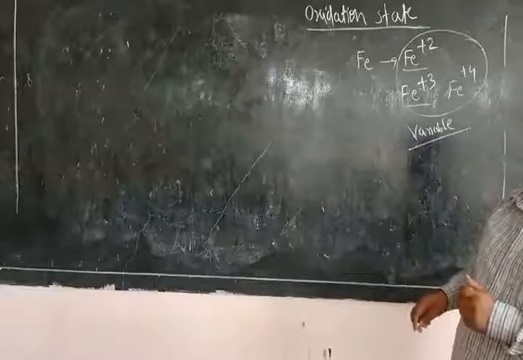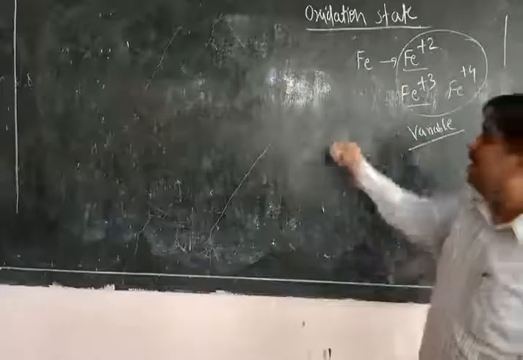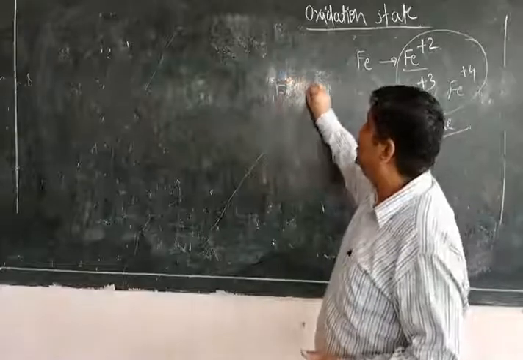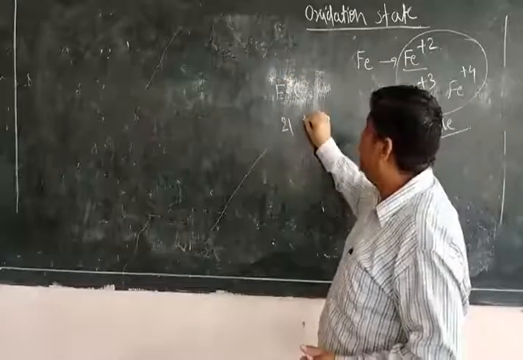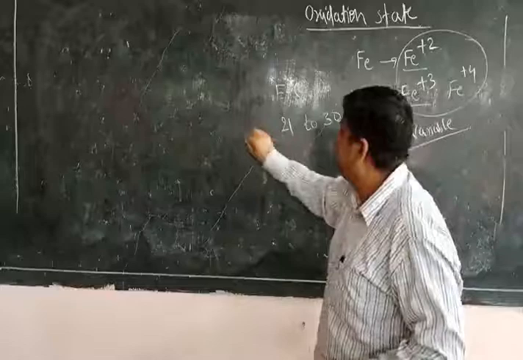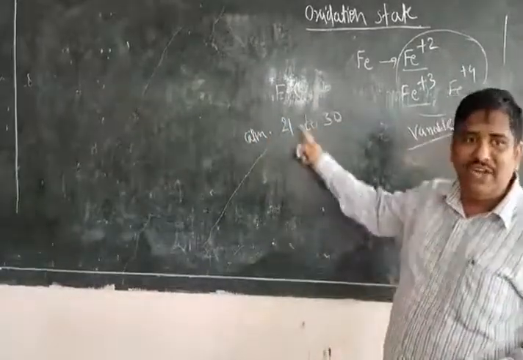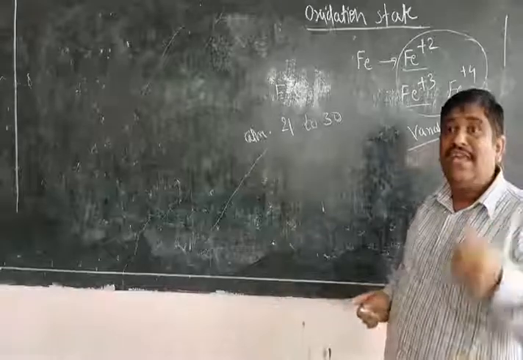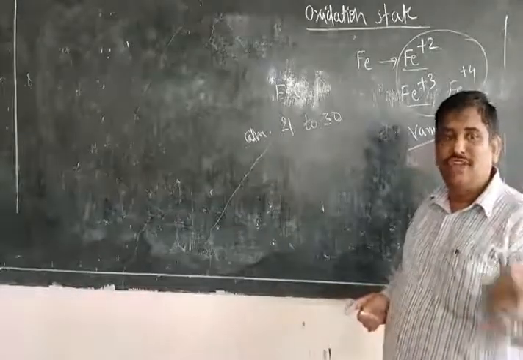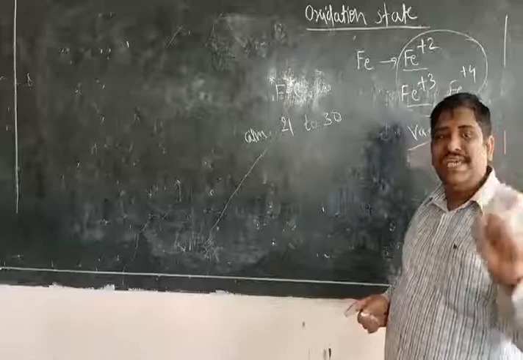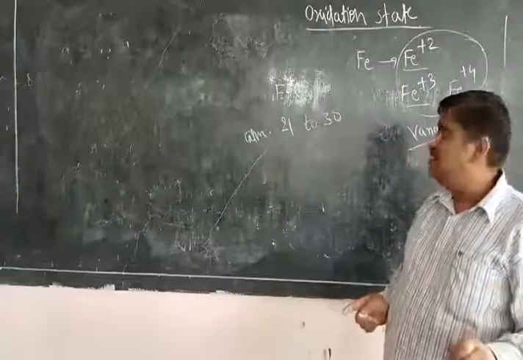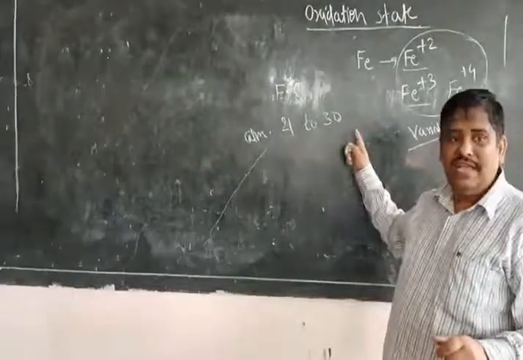Now, to write variable oxidation states, you require the electronic configuration of atomic numbers 21 to 30. So you should remember scandium to zinc, 21 to 30. Already I have explained how to write the electronic configuration. In the basic lecture I have given the electronic configuration from 21 to 30.